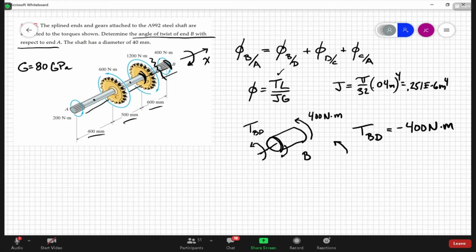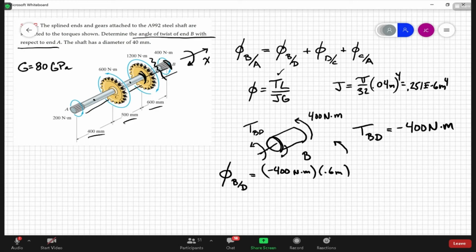So let's figure that out. So phi is now, here's the phi for B relative to D, right? So that's going to equal the internal torque, which is the minus 400 Newton meters, okay? The length is 0.6 meters.